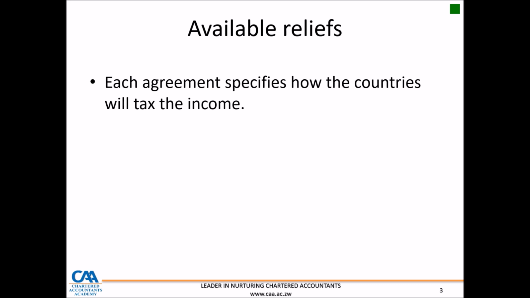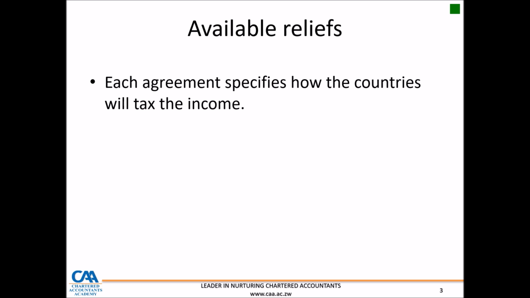So you'll need to look at the particular agreement and not worry too much about what the Act says, but be specific on the agreement and the type of incomes. Just because you have a double tax agreement with a certain country does not mean all incomes are subject to that agreement. Each agreement will state the particular type of incomes that are subject to it.